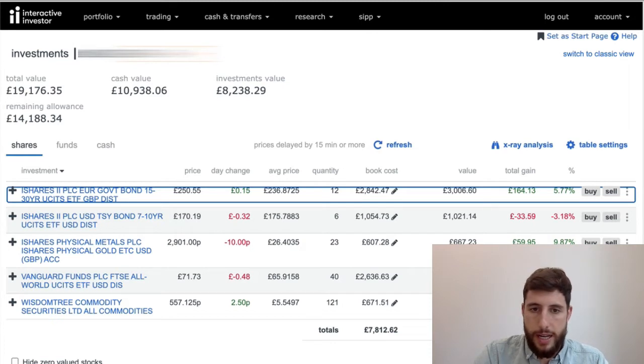Okay. We've got 12 shares in total in this particular fund, and the book cost, so that means the cost in which we paid to buy these 12 shares. So if you multiplied the average price we paid by the number of shares we owned, that would be the book cost.